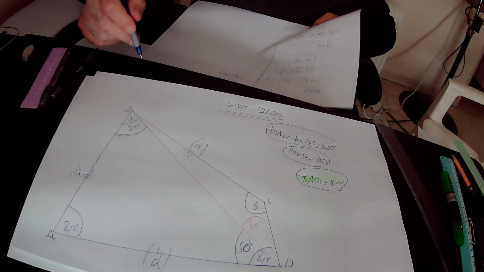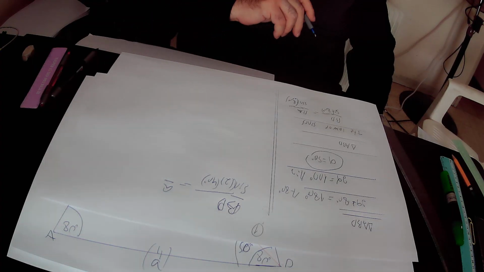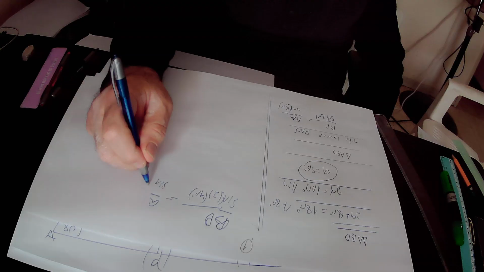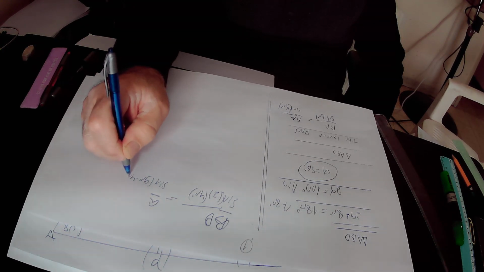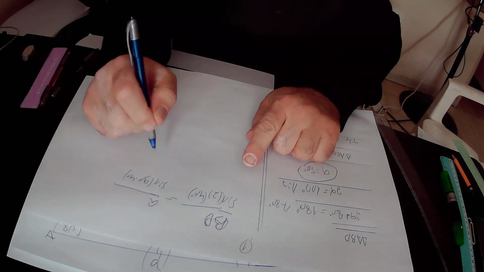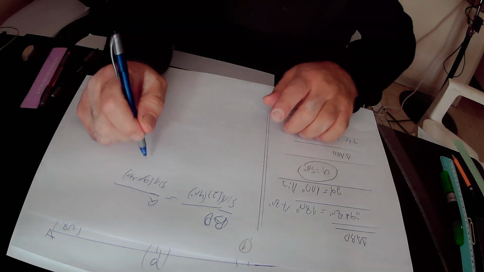BA equals A, so we substitute BA by A over sin 50 degrees, and 50 degrees is 90 degrees minus 40 degrees. So we found that BD over sin of 2 times 40 degrees equals A over sin of 90 degrees minus 40 degrees.